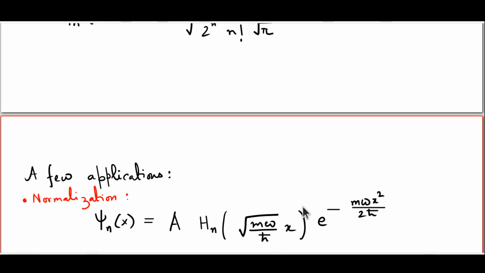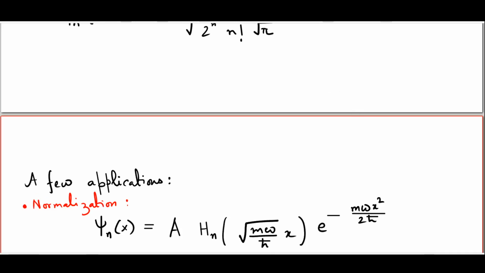So this really is just z, and here also in the exponent you have z squared by 2. I have just expressed z in terms of x. So what I have really done is I have used this relationship between z and x to write down the wave function in the previous example entirely in terms of x.